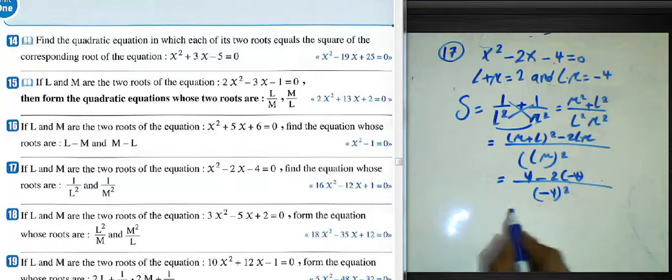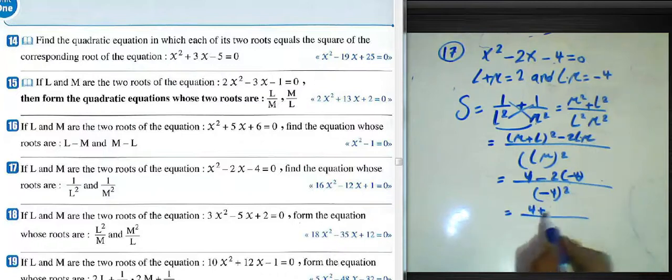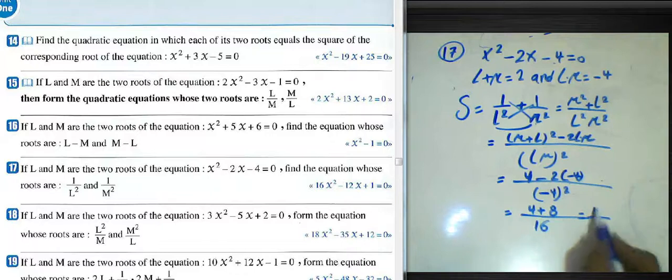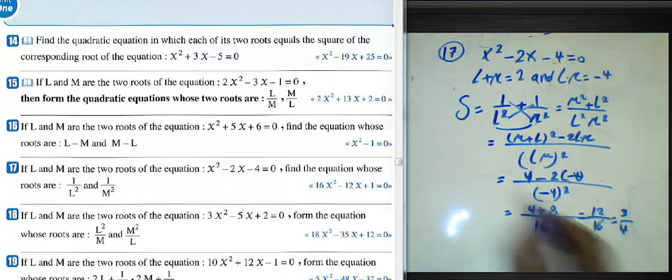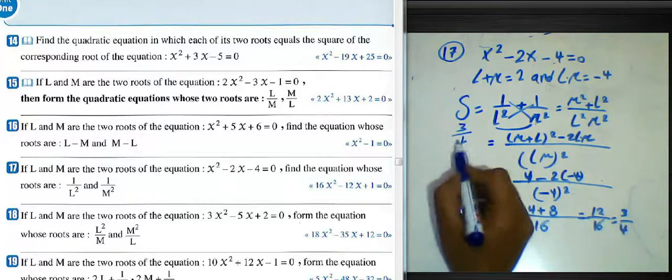The result will be 4 plus 8 over 16. 4 plus 8 equal 12 over 16. We can divide it by 4. 12 divided by 4 equal 3, 16 divided by 4 equal 4. So the sum will be 3 over 4.